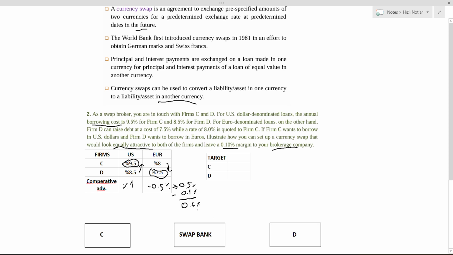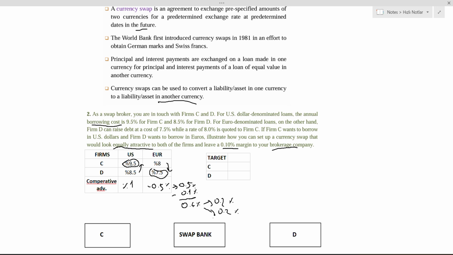So let's determine the targets. The question says equally attractive, and I already underlined that, so I need to share this 0.4% as 0.2 and 0.2 for both of the companies, and determine our targets for firm C and firm D. Firm C can borrow money under US dollar denominated loans at 9.5%.